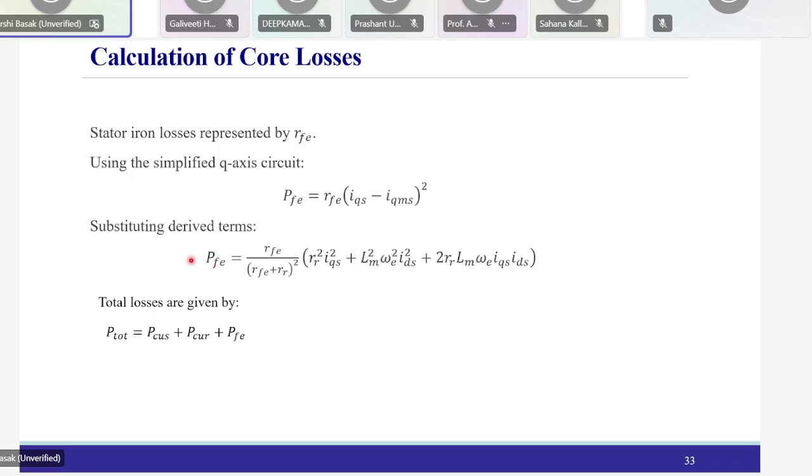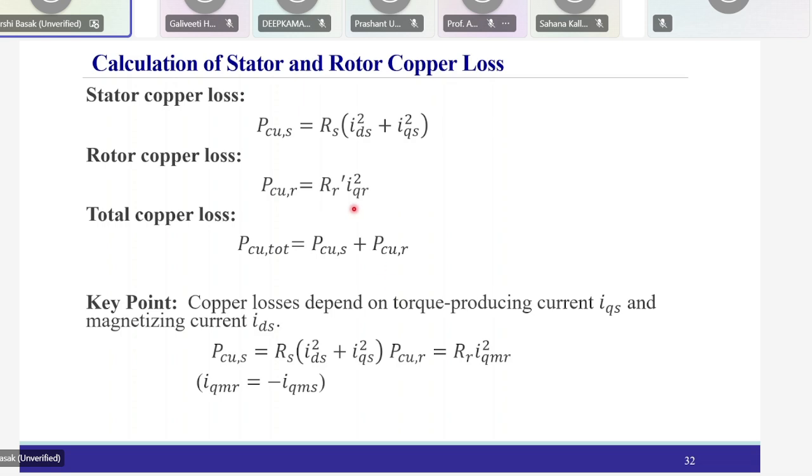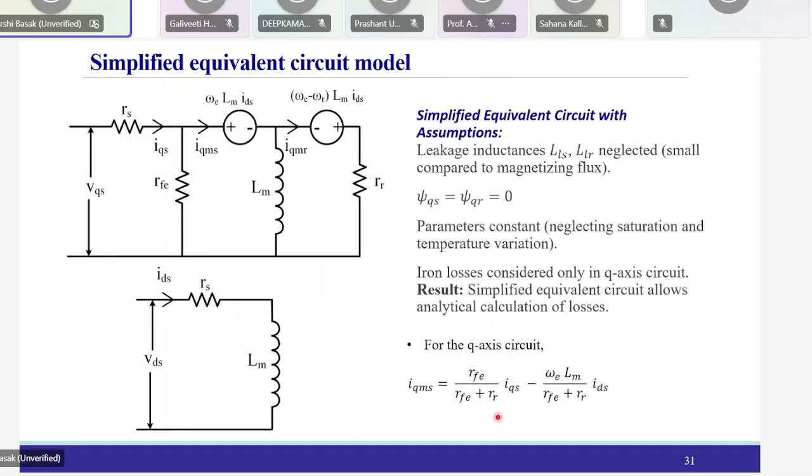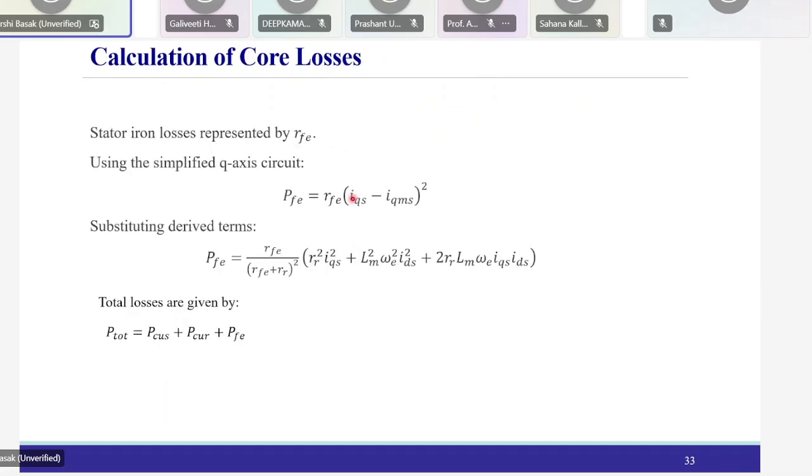If we substitute everything here and derive the expression for PAP, putting in the expression for IQMS, then the value of PAP will be obtained, and then the total losses are given by this.